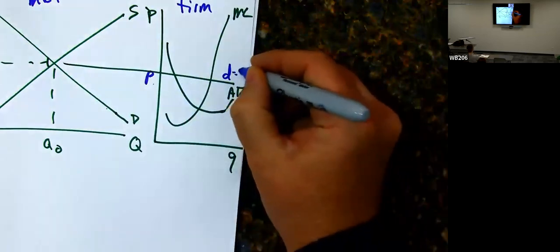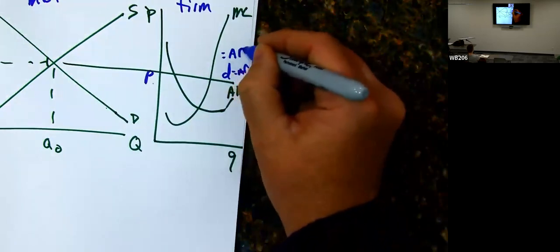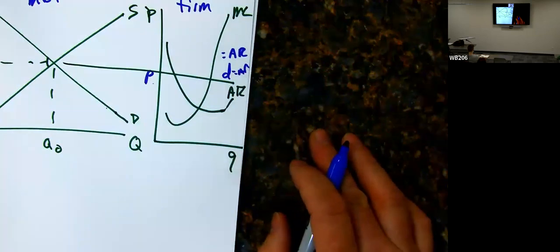This price that obtains in the overall market becomes the price that is observed by the individual firm. And it is essentially the demand curve that is faced by the individual firm. It's also the marginal revenue curve for that individual firm, and it's also the average revenue curve for that individual firm. They're all the same.